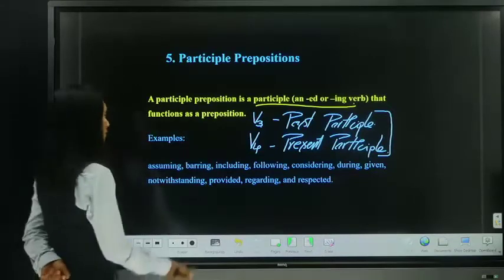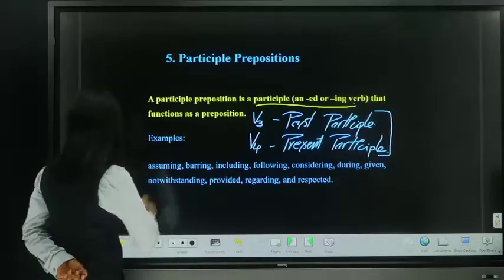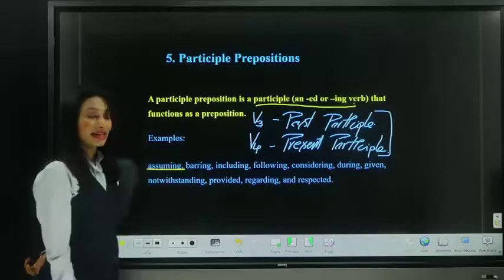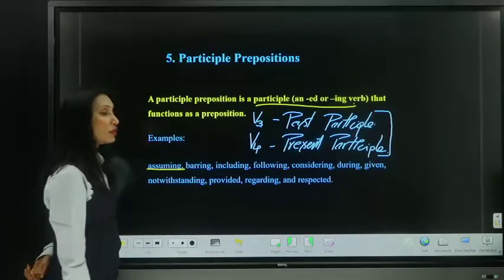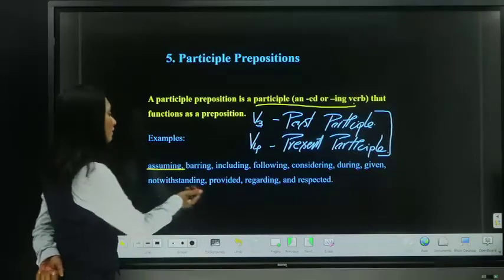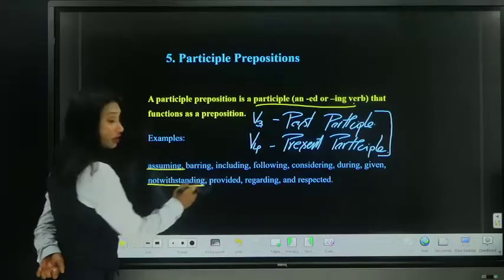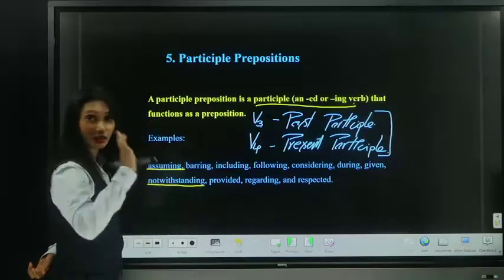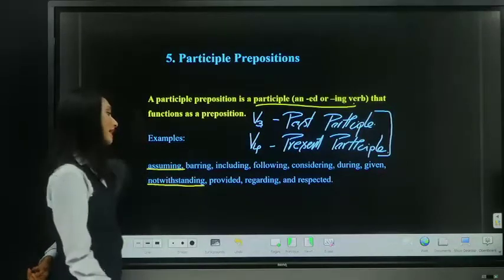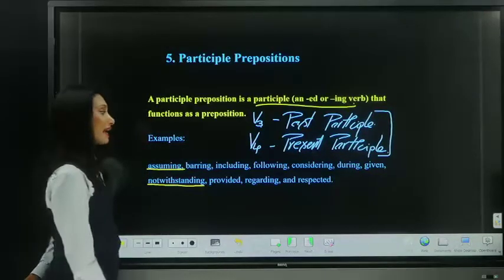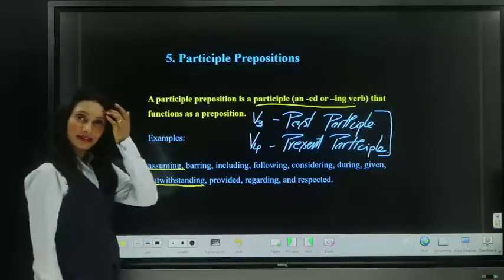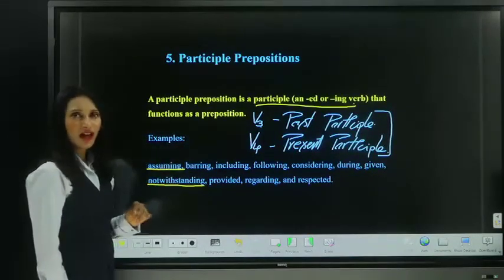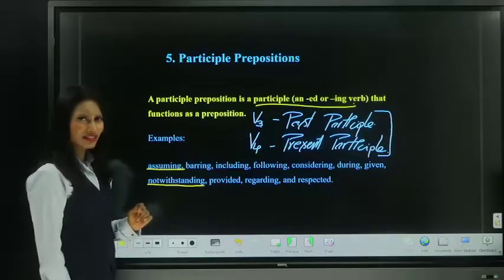For example, look at these: assuming, barring, including, following, considering, during, given, notwithstanding, which is a single word, do not cut it, provided, regarding, respecting, etc. are participle prepositions.